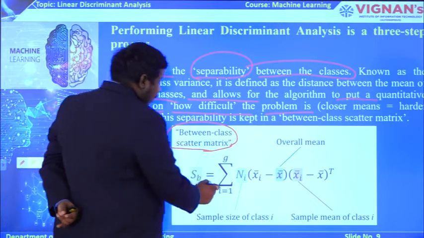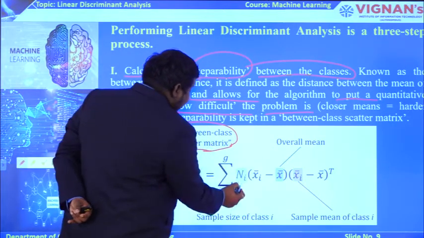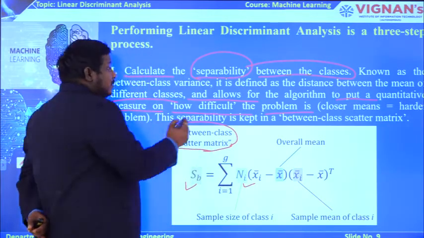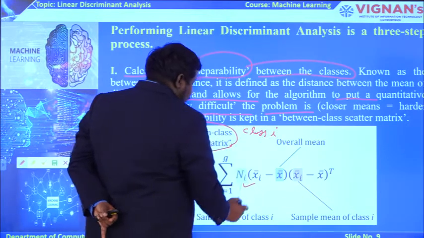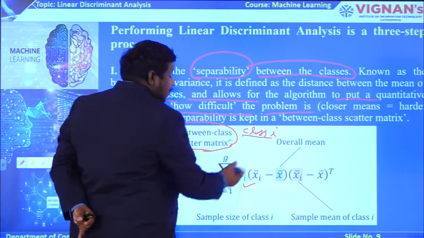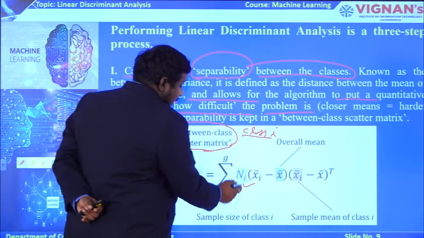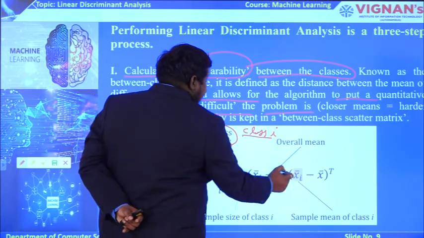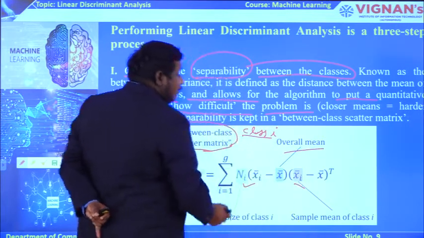So, here the formula is i varies from 1 to G. In this formula, Ni stands for the sample size of class i. So, the number of samples in the class is represented with this Ni, and xi bar minus x bar, where x bar is the overall mean and xi bar is the sample mean of class i.